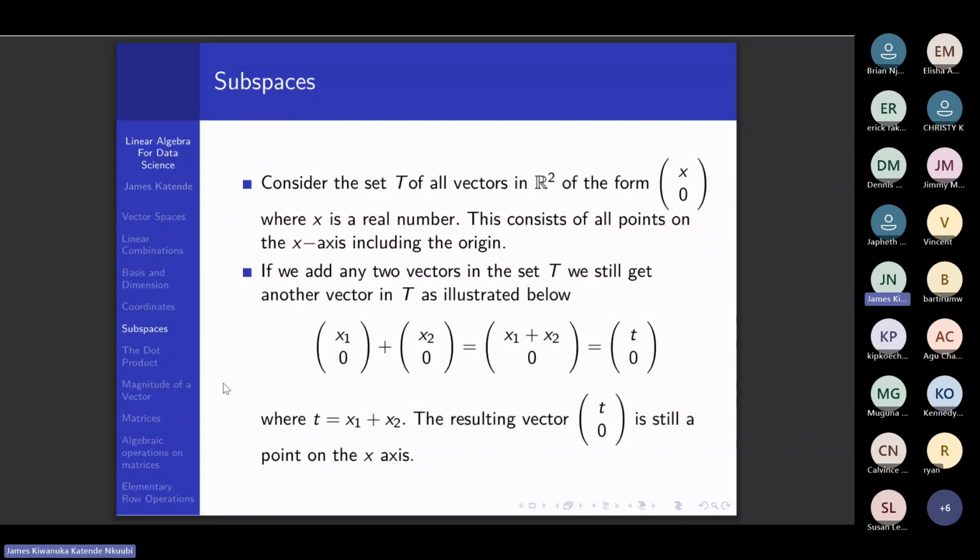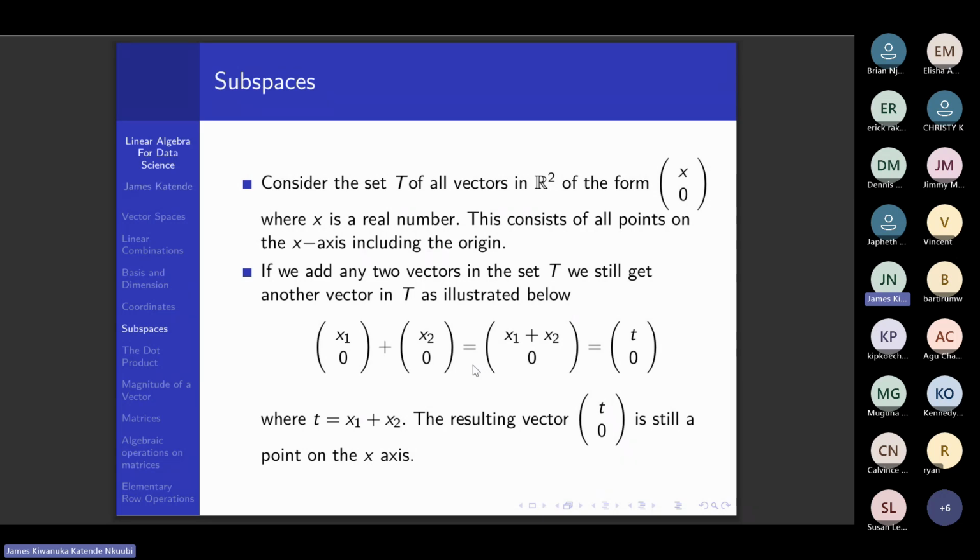Let's see what happens if you pick any two vectors from this set, from the x-axis in this case, and add them. Let's take the first vector to be (x1, 0) and the second vector on the x-axis (x2, 0). If we add them, we still get another vector, x1 plus x2 in the first slot and 0 in the second slot. Since the second slot still has 0, this new vector is still on the x-axis. So addition of vectors on the x-axis still gives you another vector on the x-axis.